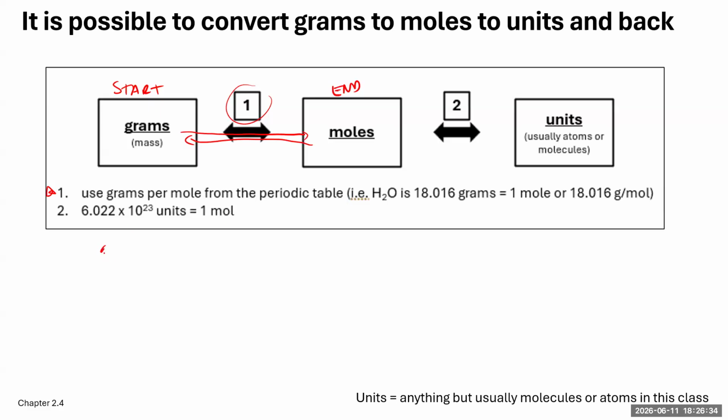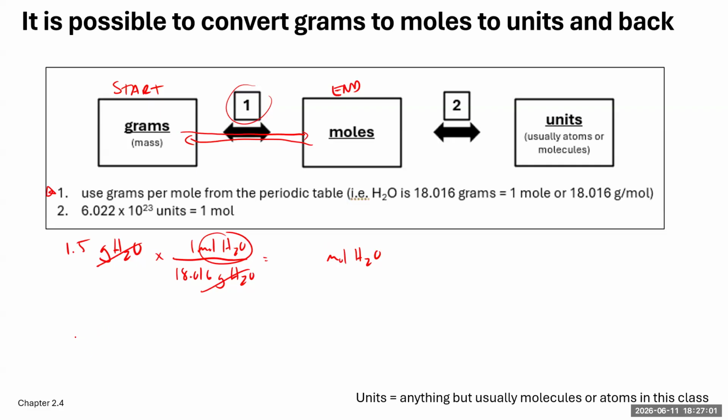Let's check this out. Grams of water, let's just say 1.5 grams of water. You would use a fraction that had grams of water on the bottom: 18.016 grams of water per 1 mole of water, right? Grams cancel out. You're left with moles of water.